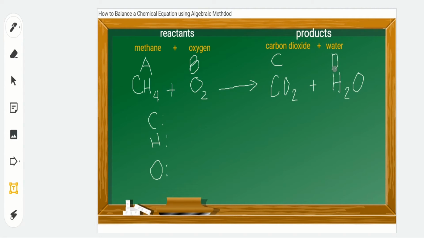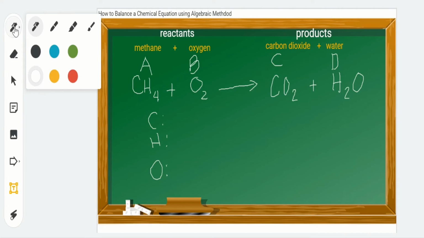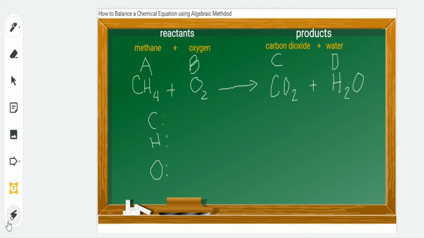Okay, so now we can create simple equations. So, let's start first here dito sa carbon. As you can see, we only have one carbon here. So we can just simply say A is equal to, tingnan natin yung carbon dito sa ating product, isa lang din, so it's equal to C. So A is equal to C, which is for our carbon.